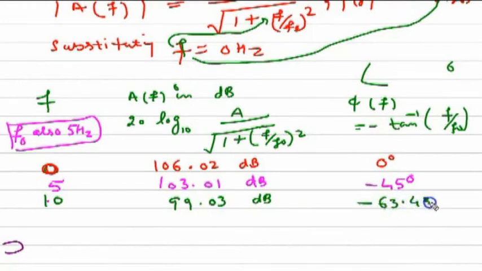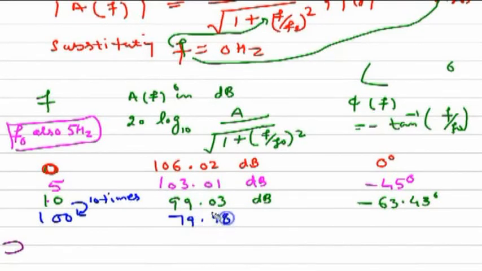If we take a frequency 10 times more, 100 Hz, the gain comes down to 79.98.